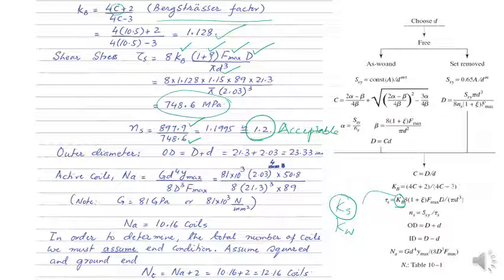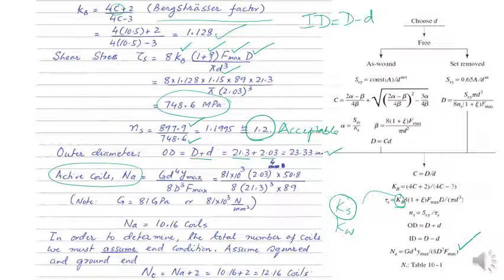We go further and say let's calculate OD, which is 21.3 plus this one. If I want to calculate ID, the inner diameter, this is nothing but the mean coil diameter minus d. The next is to calculate active coils, which is here.